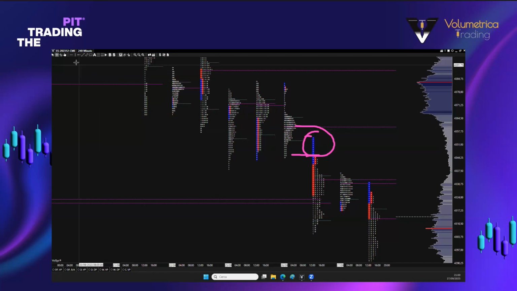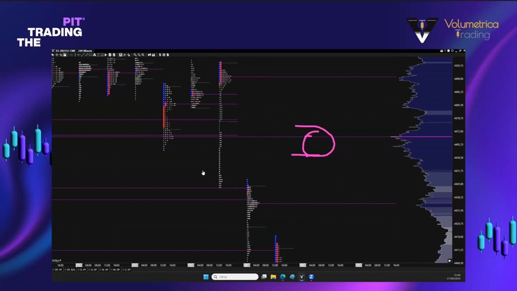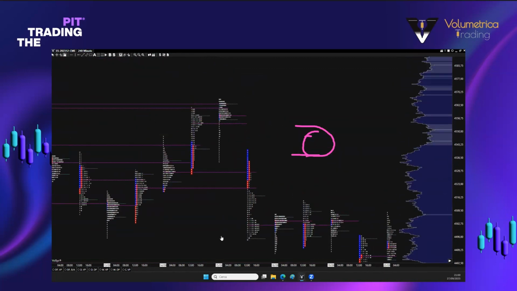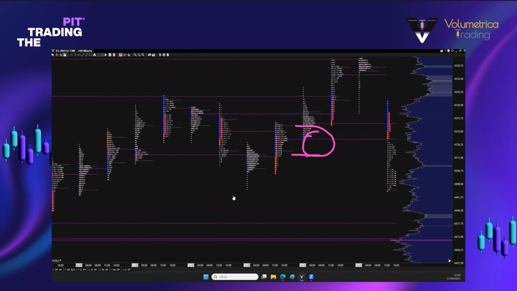So let's see if we have another example going in prior TPOs. Yeah, like this. Oh, that's amazing. That's amazing. So why are reversal tails so good in determining a good low in this case?